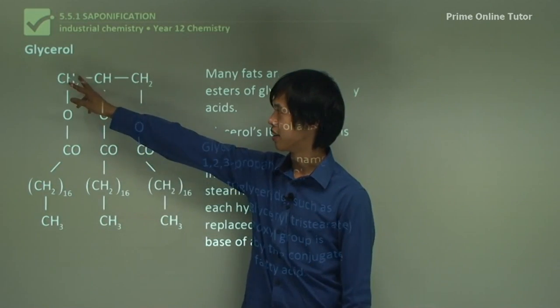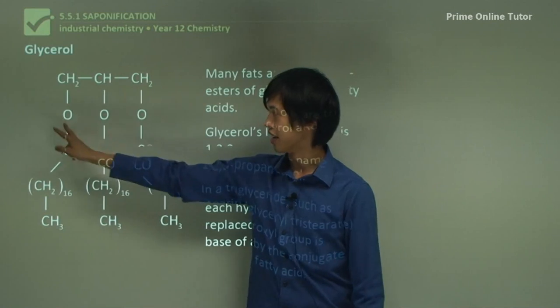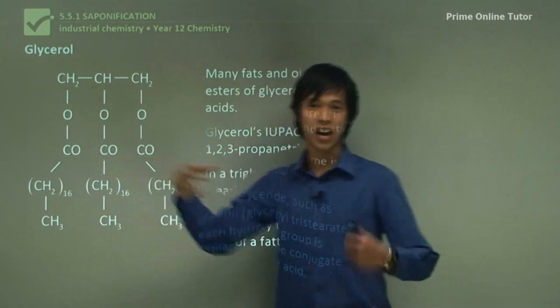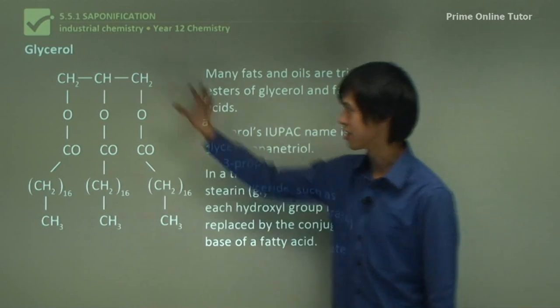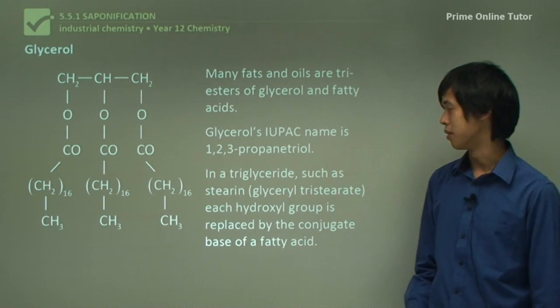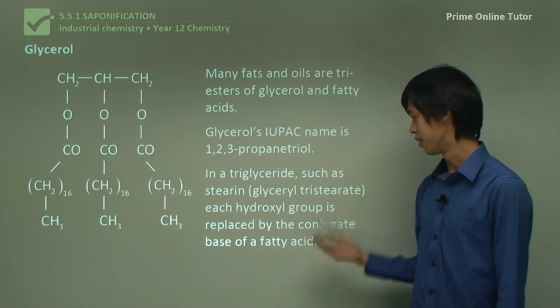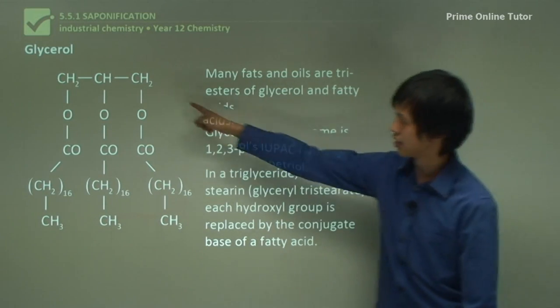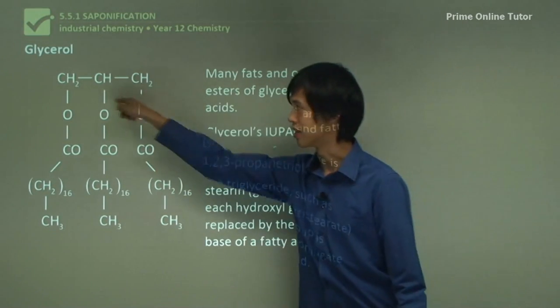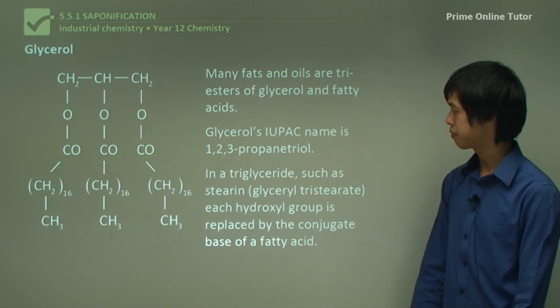This is an alkanol, and this is an acid, and an alkanol and an acid combined give you an ester. So this is a very big ester, which we call stearin, or glycerol tristearate, where this is the stearate molecule and this is the glycerol molecule.